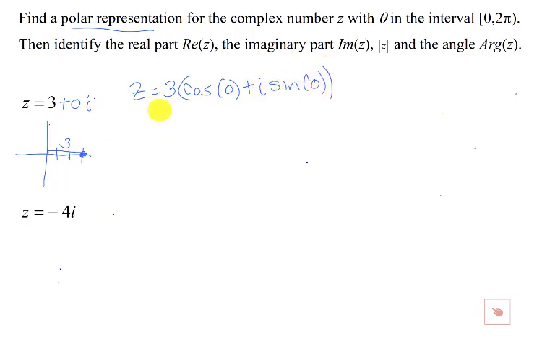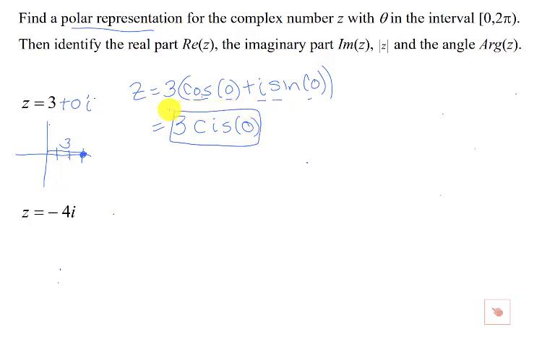So a shorthand way of writing that, because this angle is always the same, is they'll write 3 CIS and then the angle 0, and it stands for cosine i sine. So this is the same thing, and you can enter it like that.